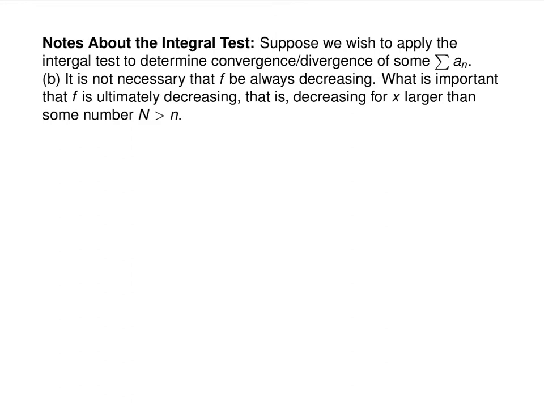The second thing is it's not necessary that the function f be always decreasing. What's important is that it has to eventually or ultimately start decreasing. So if you have some function f of x, and if x is greater than or equal to 3, f of x decreases, that's totally fine.